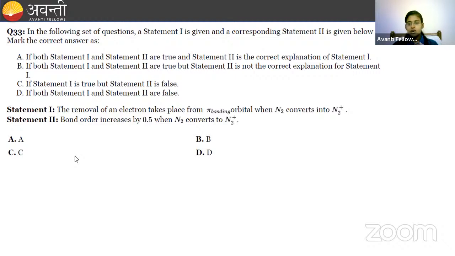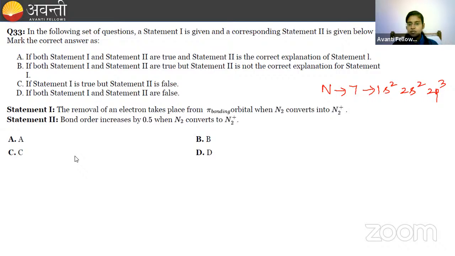Okay, so let me draw the p molecular orbitals alone. So we know that nitrogen has the atomic number of 7 and the electronic configuration is 1s2, 2s2 and 2p3, right? So let me draw the 2p orbitals.